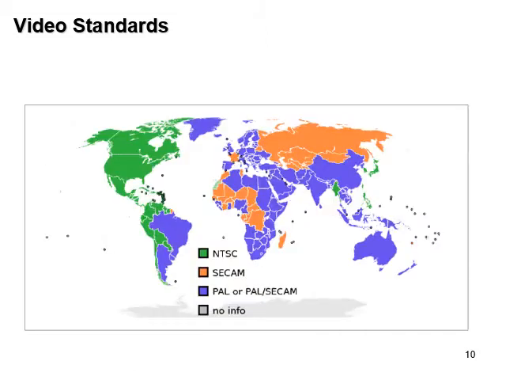This map shows the distribution of the standards over these countries. The green ones represent the NTSC standard. The blue represents the PAL system. The orange represents the SECAM, and this is how the countries are distributed among them.